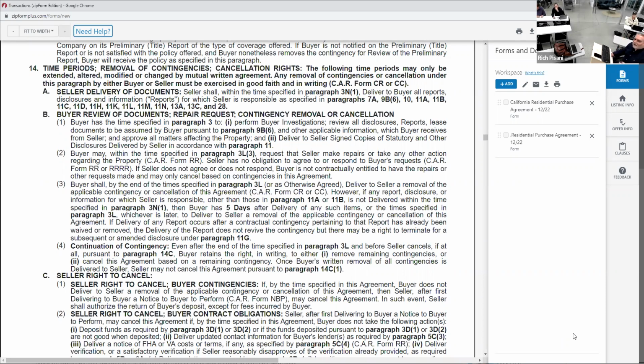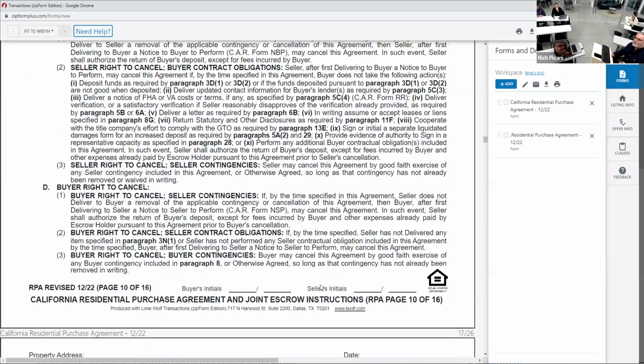So make sure that your sellers understand that, because so many sellers just think, I just changed my mind, I don't want to sell it. You can't do that. This is a contract. But you should also always say, a seller who says that, you need to consult your own attorney as to what your options are.